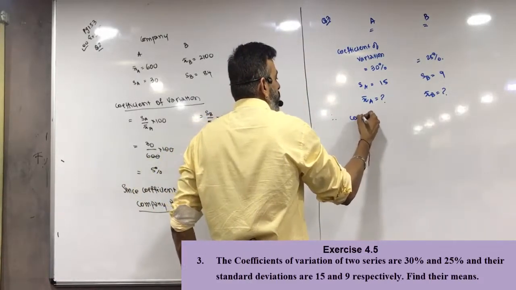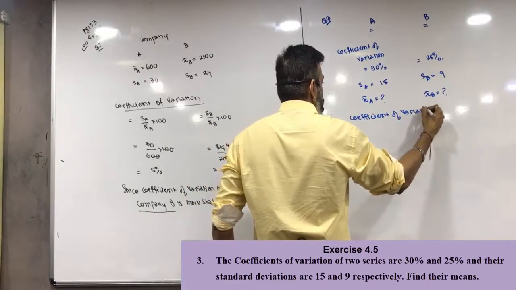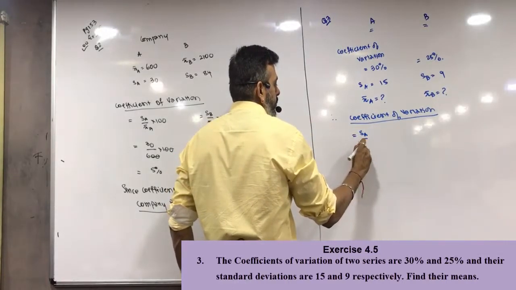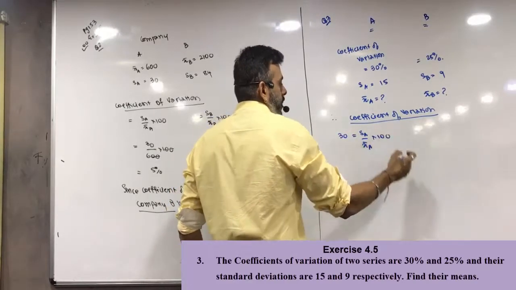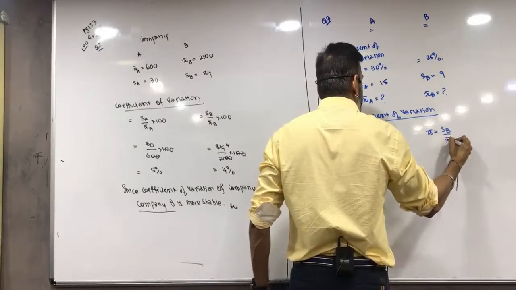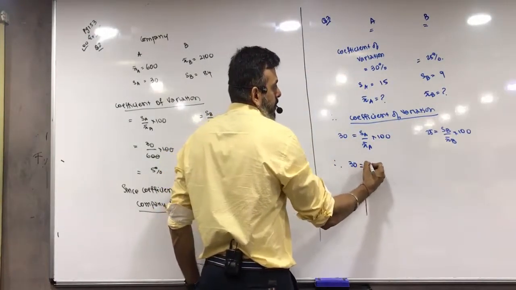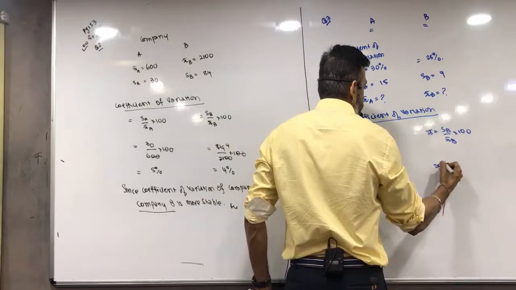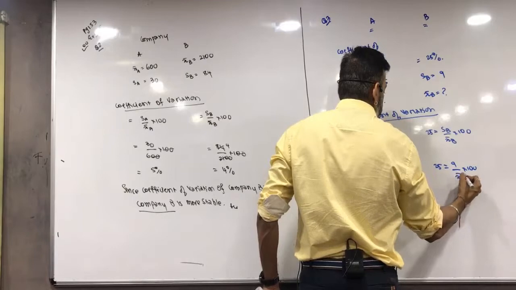Therefore, coefficient of variation is equal to standard deviation of A upon mean of A into 100, so 30 is equal to 15 upon mean of A into 100, and 25 is equal to 9 upon mean of B into 100.